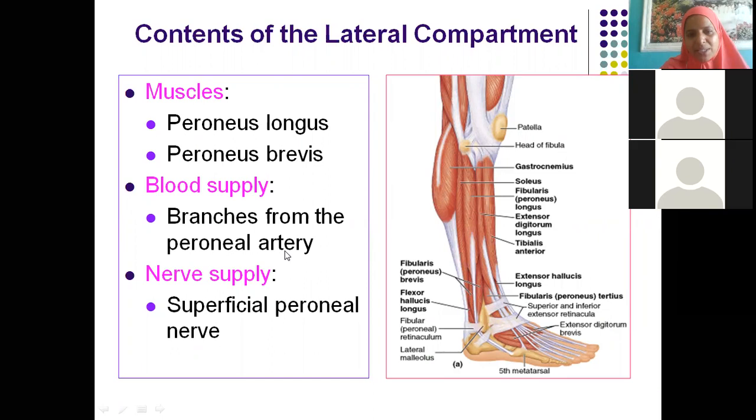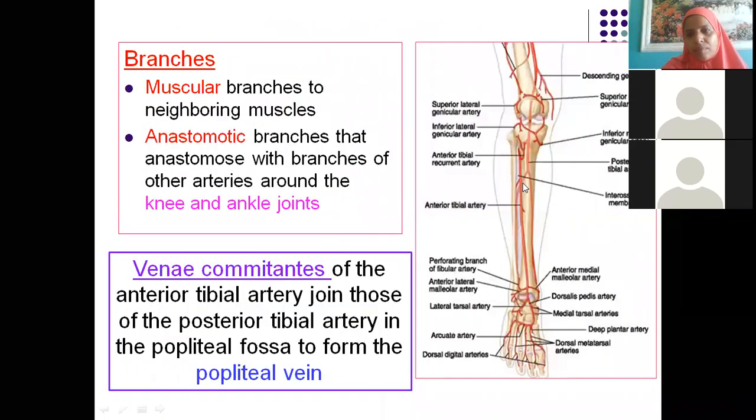Peroneal artery is a branch of which artery? Popliteal? No, beta. Popliteal is dividing into anterior tibial and posterior tibial. This is a branch of posterior tibial. Very good. Posterior tibial artery branch is peroneal. Peroneal, another name is fibular.